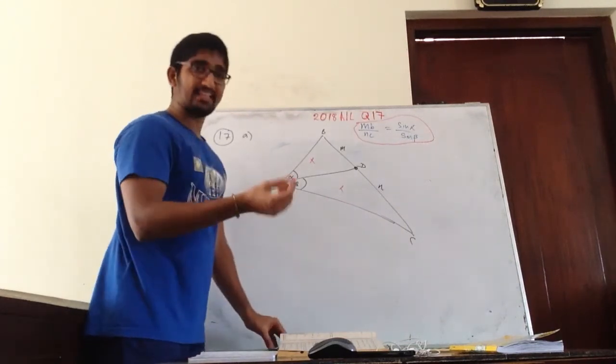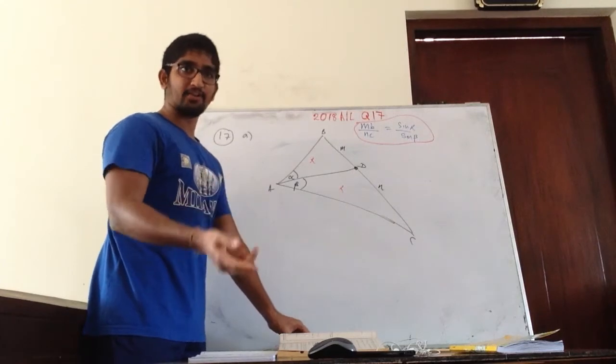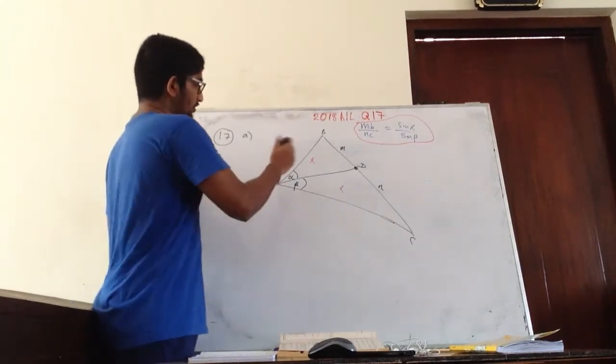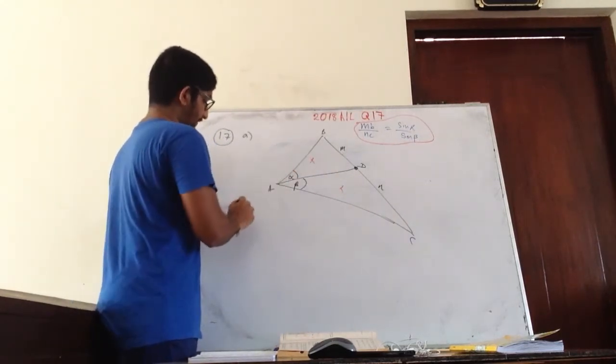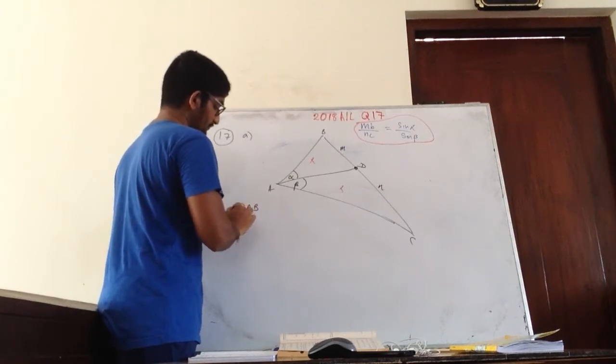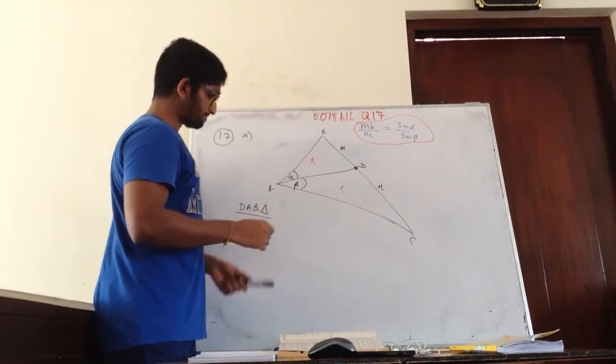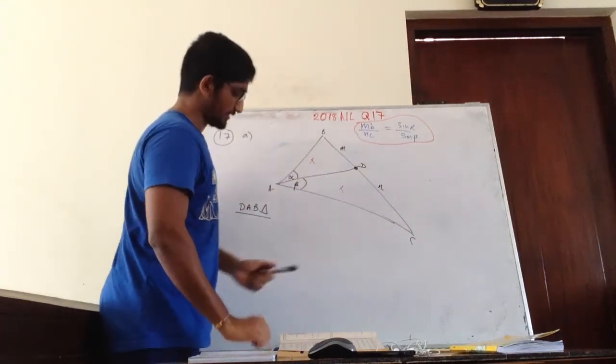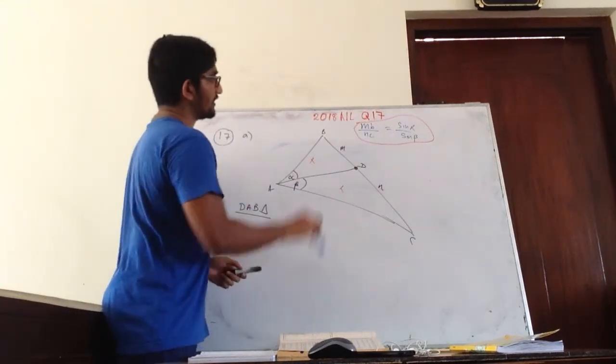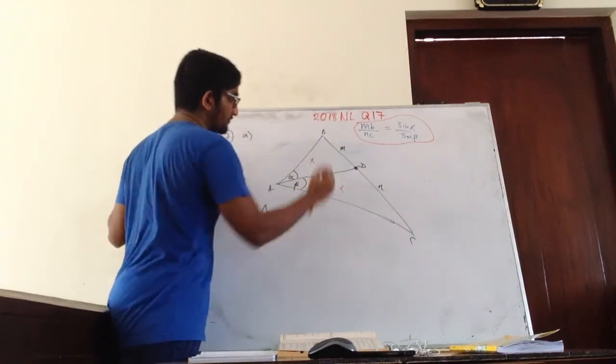So now they are asking us to use the sine rule. So let's do that. So for the DAB triangle, look at the answers. It says B and C. So now what is B? B is this.